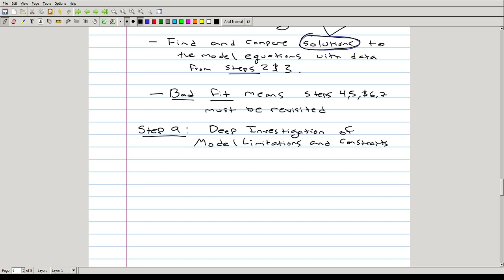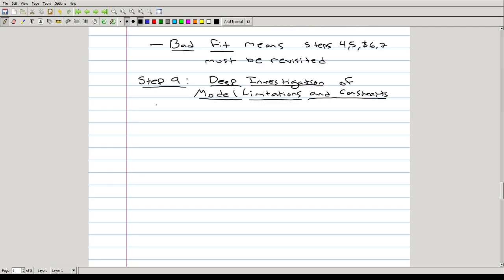You really want to push your model to its limits and the boundaries of the limits to really test and figure out what the true limitations and constraints of the model are. Just like what we saw in the previous example, and all of these steps you can apply to the comparison between relativity and Newtonian mechanics.